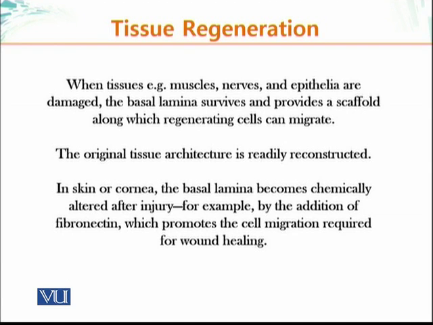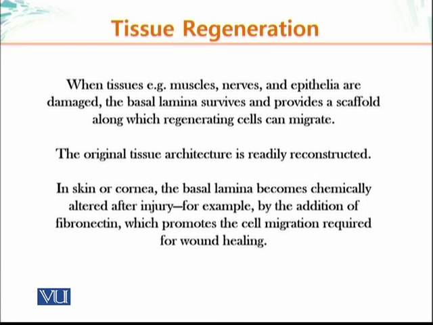So basically, the cells have been lost. Now, in order to restore the function of damaged tissue, new cells have to move in. And how would these cells move in? What would tell them where to go? That function is performed by basal lamina. It also results in the original tissue architecture being reconstructed readily.